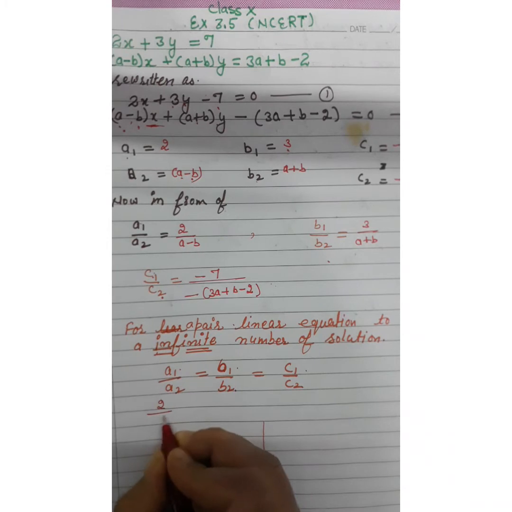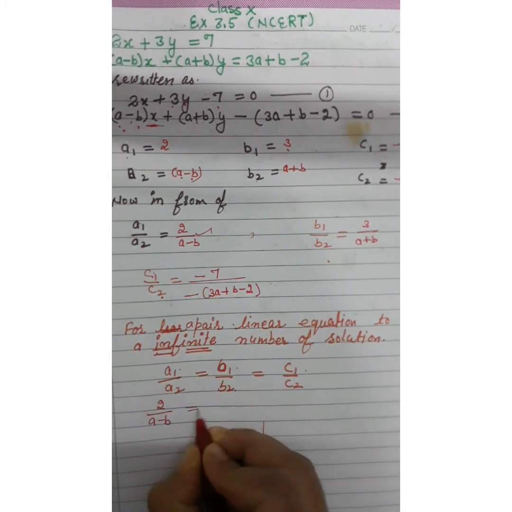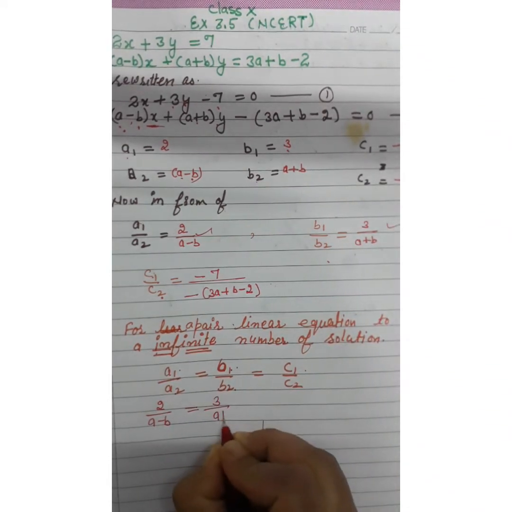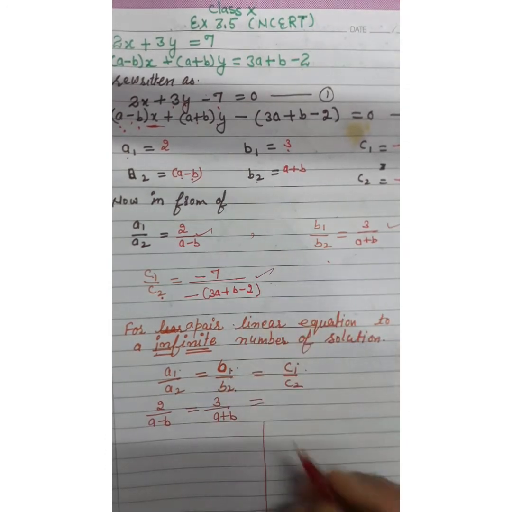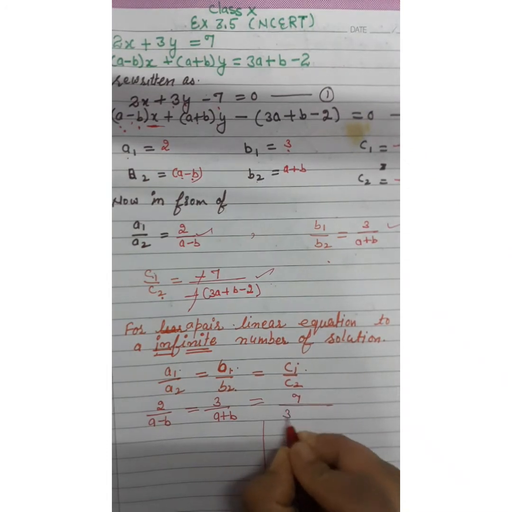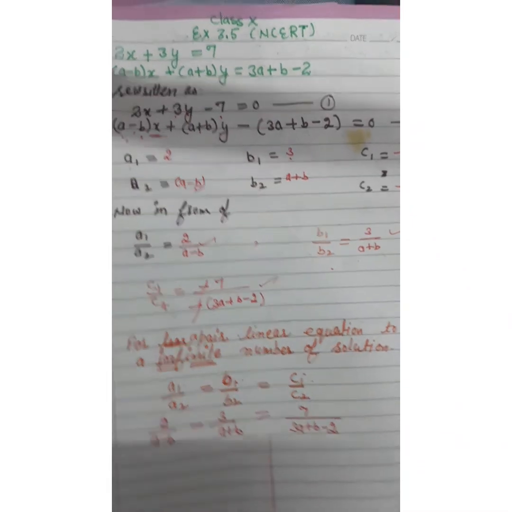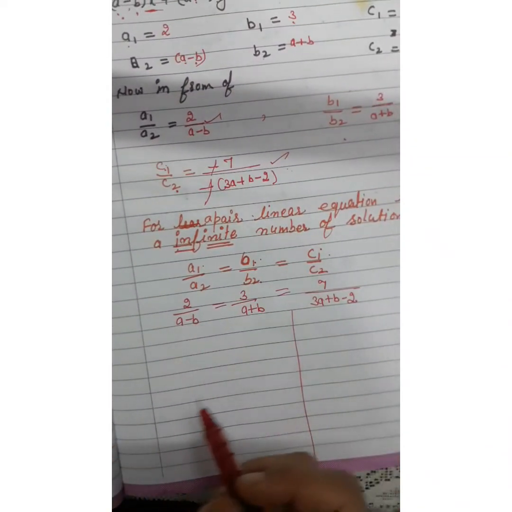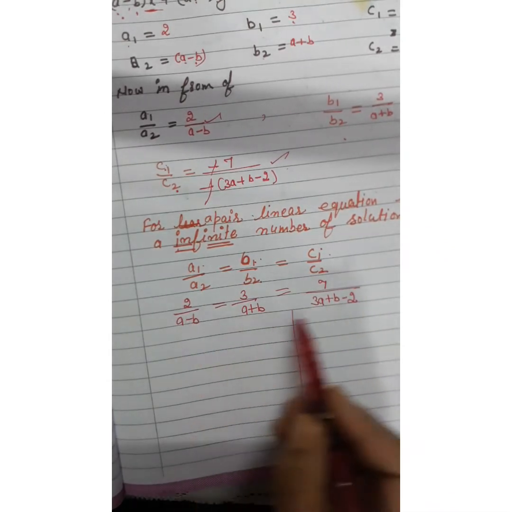Right? 2 upon a minus b is equal to 3 upon a plus b, and I am writing c1 upon c2 from here. You can cancel the minus from minus, so 7 upon 3a plus b minus 2.